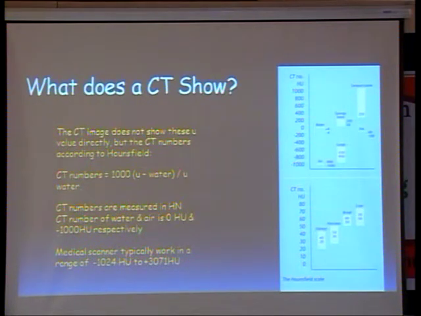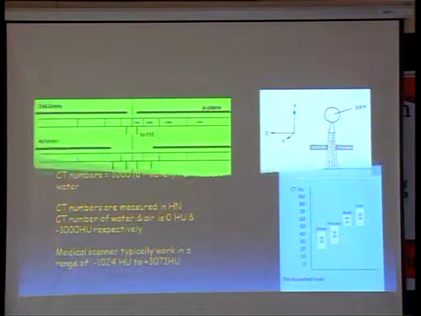This is for bone, this is for spongy bone, or you can say cartilage. The CT numbers are measured in HU. CT numbers of water and air are 0 and -1000. So all the images are in the range between 0 and -1000, but the medical scanner works between -1024 and +3071 HU.